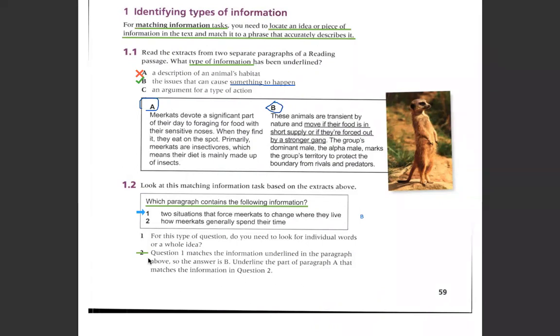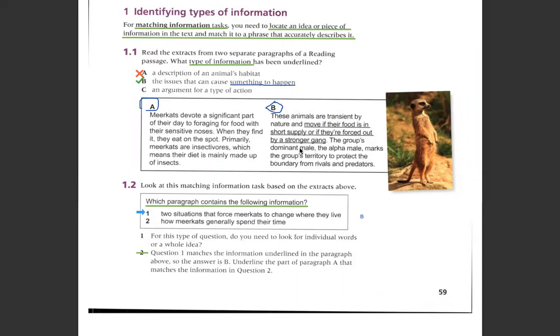And then which paragraph has information about how meerkats generally spend their time? So quickly skim the whole thing, read both paragraphs, and then type A or B, which one tells us how they generally spend their time. Spend their time, meaning what they usually do with their day.